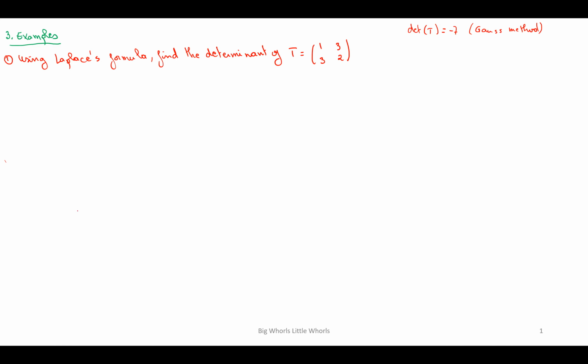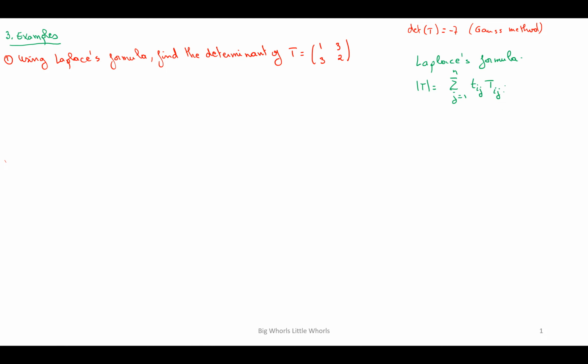So a quick recall of Laplace's expansion formula says the determinant of T is equal to the sum of j going from 1 to n of t_ij multiplied by the cofactor ij.